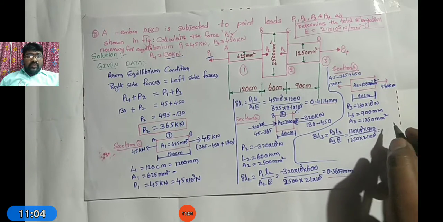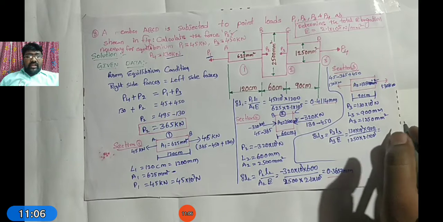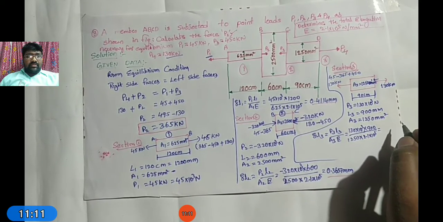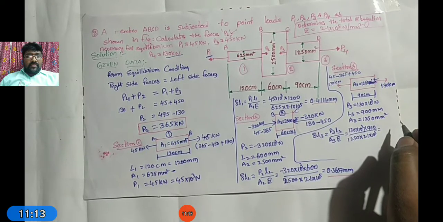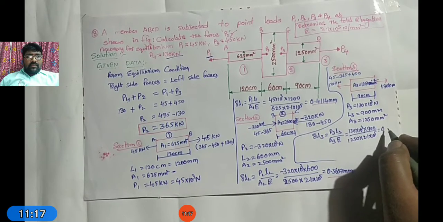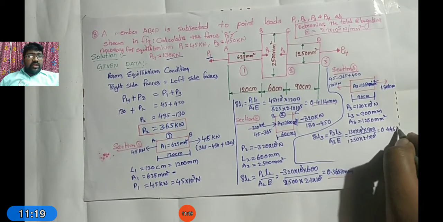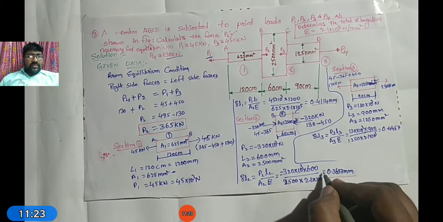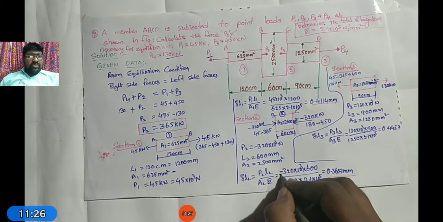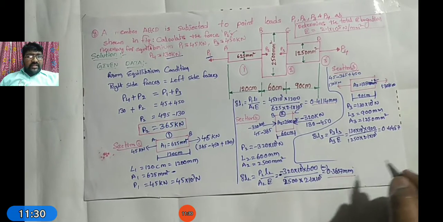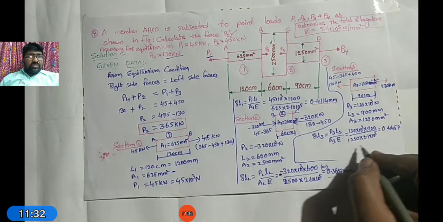By simplifying this equation, we'll get the value as 0.4457 millimeters.